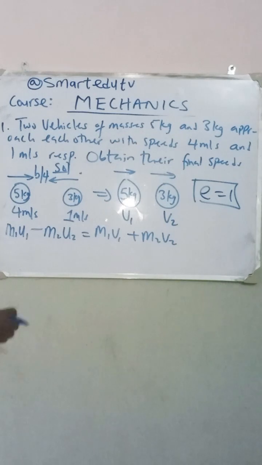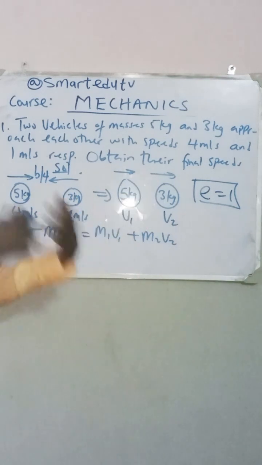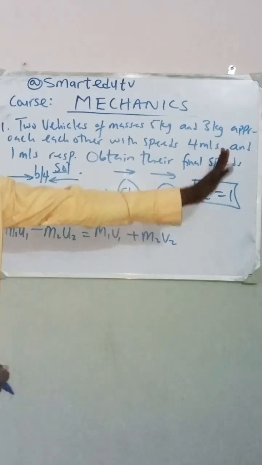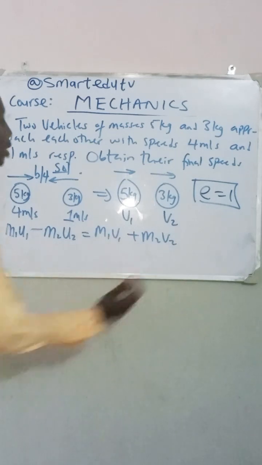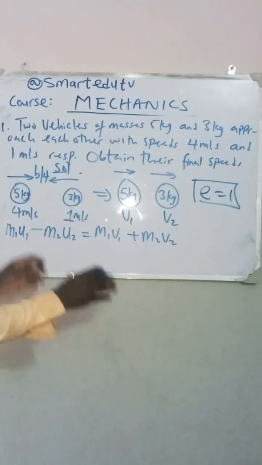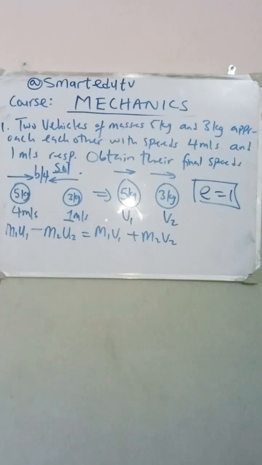Let's see what happens for their momentum after the collision. After the collision, we assume that both of them are going to the right. So that means they can both be positive, no problem. So if that is the case, I can apply my values inside this formula.